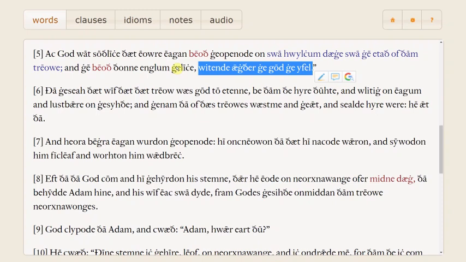This example here, witende, either, ye good, ye evil, translates as knowing you both good from evil. So here we have the verb knowing, followed by the subject, followed by the object good from evil.